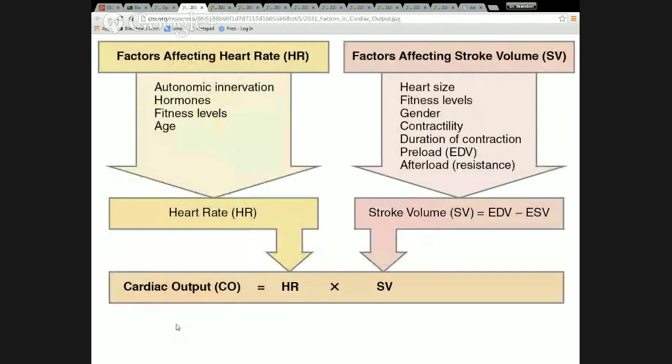Actually, let me back up for a second to this picture here. When we're talking about stroke volume, we're talking about adjusting the volumes of blood that we see at any point in this system. So a simple difference in volume is just going to come from heart size. There's going to be some variation in heart size from person to person, but that doesn't really matter.